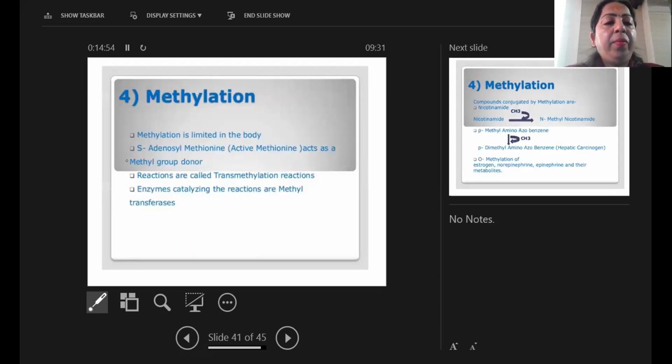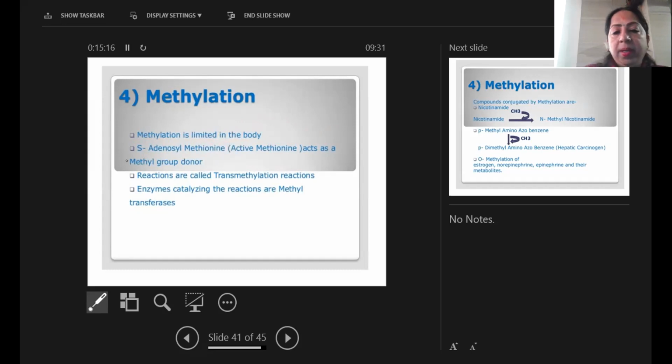The next type of reaction is methylation. Methylation happens in a very limited manner in the body, and SAM, or S-adenosyl methionine, known as active methionine, acts as a donor of the methyl group. In brief, it is written as SAM.